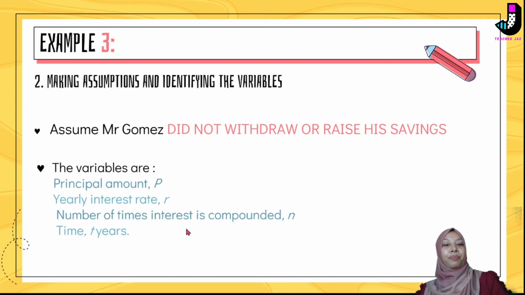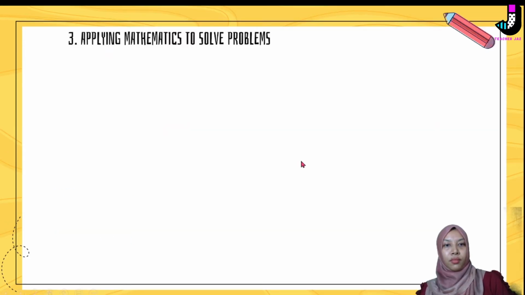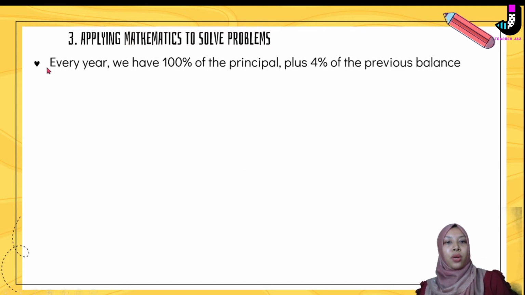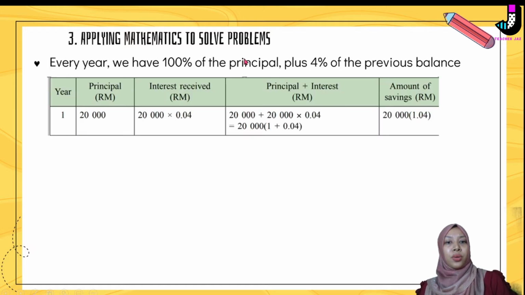Then time, we assume that is T years. The third one, we need to apply the mathematics to solve the problem. So here every year we have 100% of the principal, and then plus the 4% of the previous balance. We'll do the first year first.